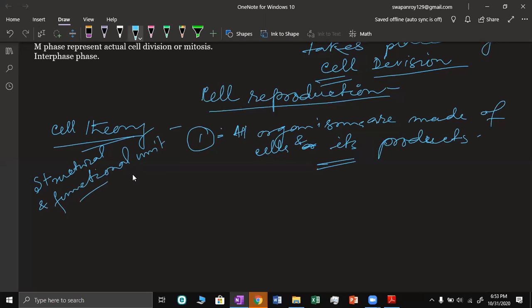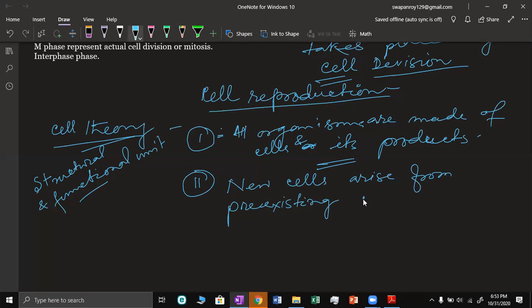And the second point is that new cells arise from pre-existing cells.